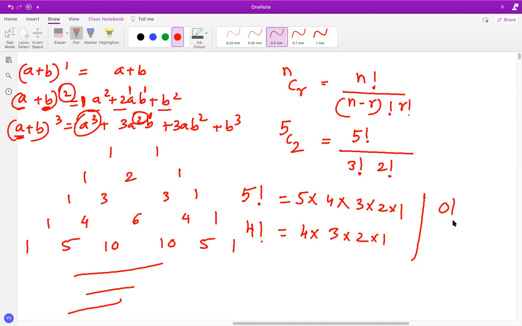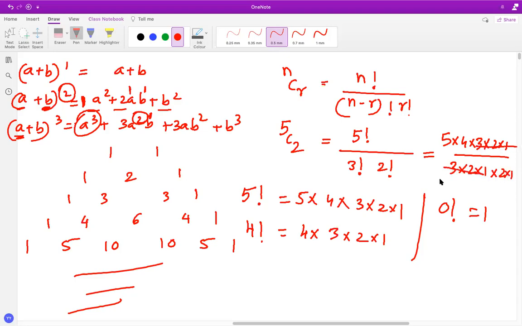Just be careful about 0 factorial. 0 factorial is 1 actually. So in a similar short explanation, I can evaluate this as 5 times 4 times 3 factorial here. So 5 times 4 times 3 times 2 times 1 over 3 times 2 times 1 times 2 times 1.